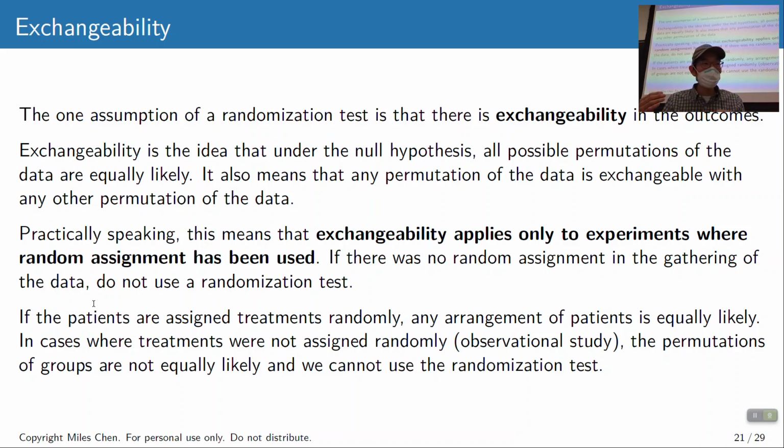And we're going to say that any combination of who's in the control group and who's in the treatment group, any one of those combinations is equally likely and equally valid. And I would agree that would be true under the null hypothesis, that this concept of exchangeability exists. If you are not doing random assignment and you're doing some kind of observational study, then exchangeability does not hold true.